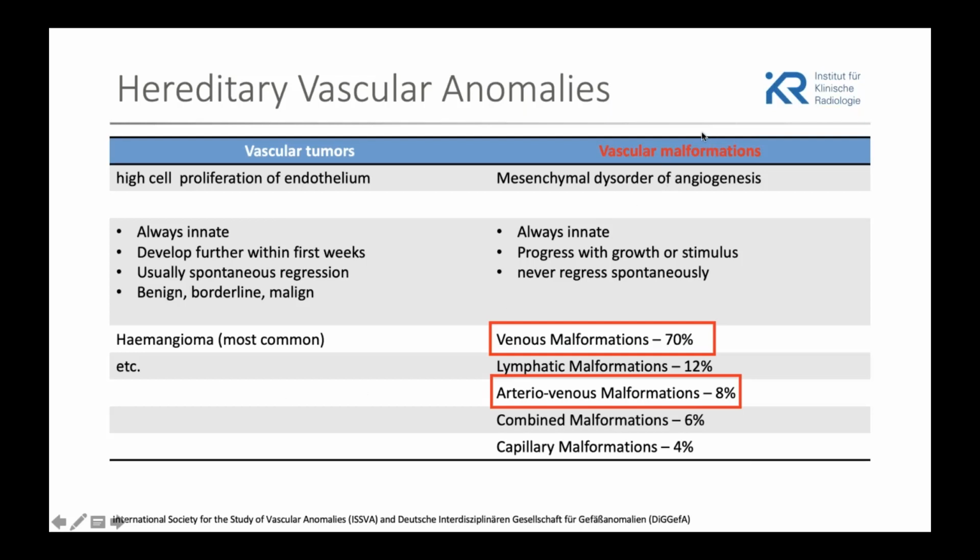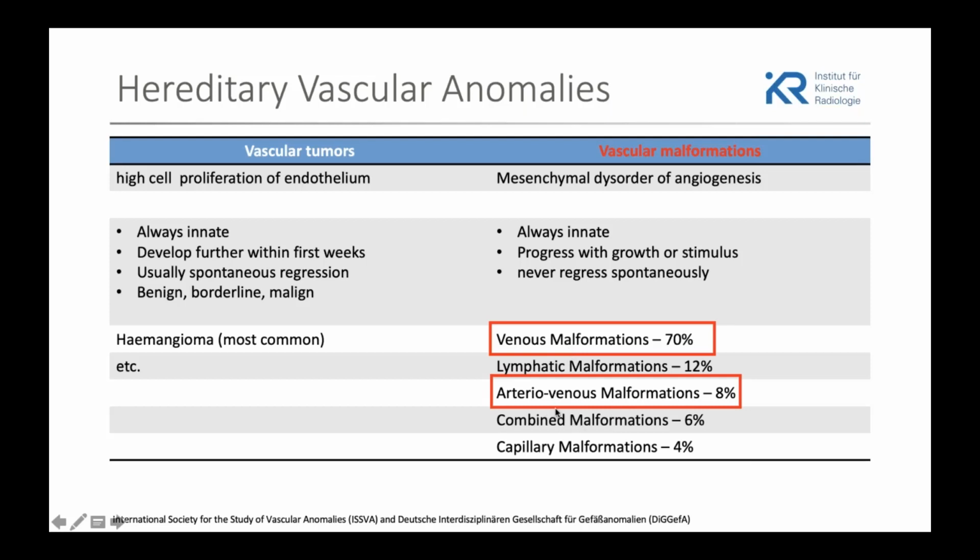But you also have benign lesions called vascular malformations, where you have dysplastic vessels. So the wall of the vessels is not there in the right way, and they can be further divided into so-called venous malformations, which are the most common ones, and arteriovenous malformations. While venous malformations have only dysplastic veins, so they are slow flow, the blood is only, like in veins, flowing slowly in these malformations.